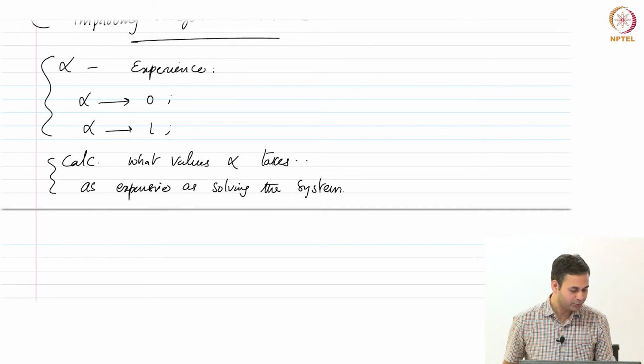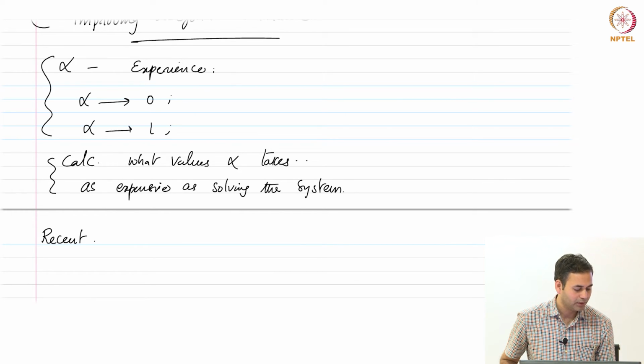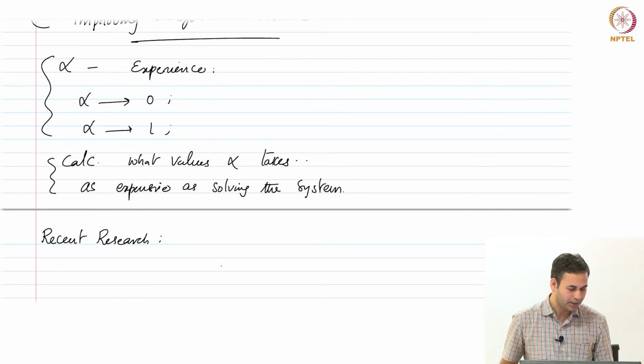But there has been some recent renewed interest, and some recent research has shown that you can actually have certain values of alpha, okay. So, essentially what alpha value should I take and how do I change them for a given problem.